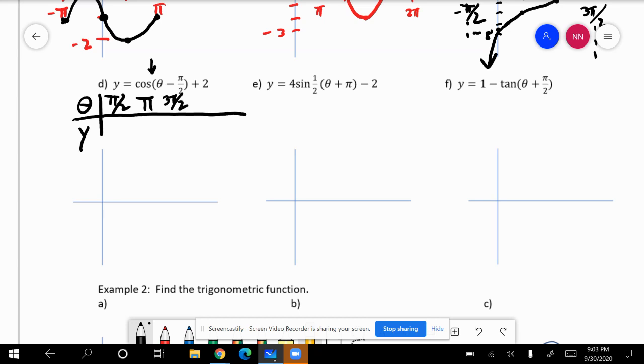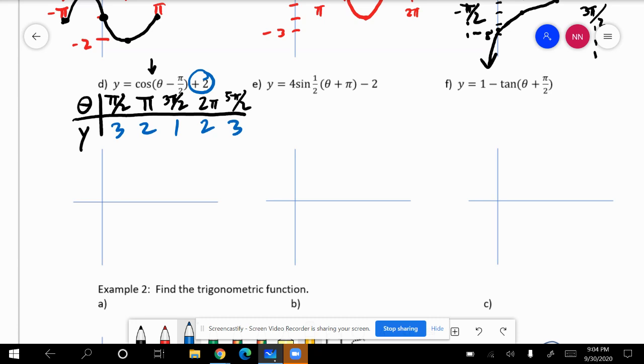Now, if you're looking at the pattern, notice that we're adding pi halves each time. So that means that the next one is 2 pi, and the next one is 5 pi over 2. So we're going to add 2 to each of our cosine values. So we have 3, 2, 1, and then 2 and 3.